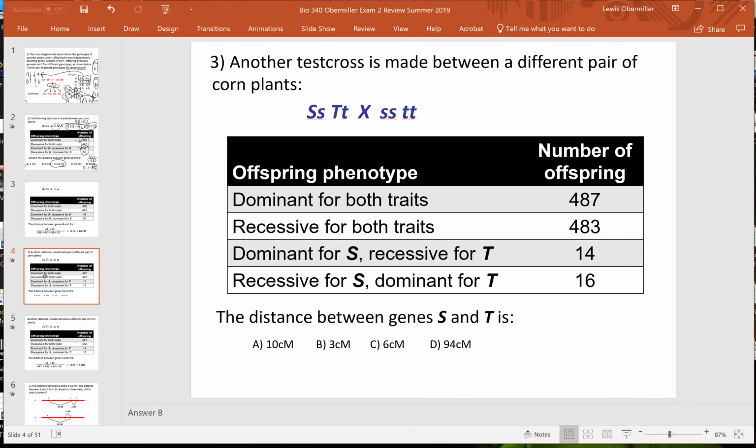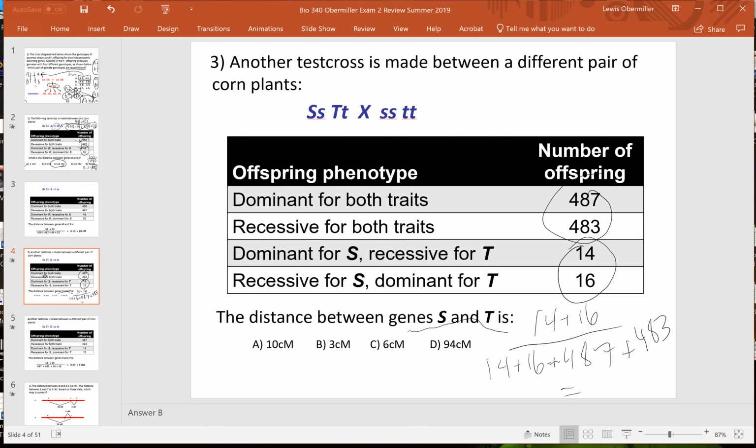All right, we're going to do another testcross. Different pair of corn plants. We want to know the distance between the genes S and T. Again, we do the same thing. So we take 14 plus 16, divide that by 14 plus 16 plus 487 plus 483.